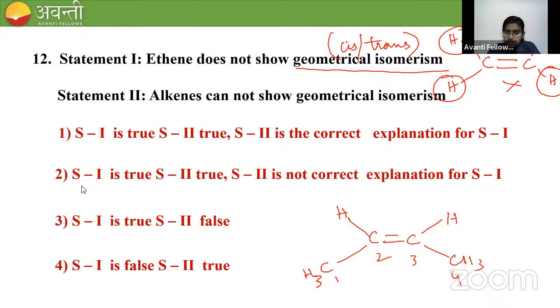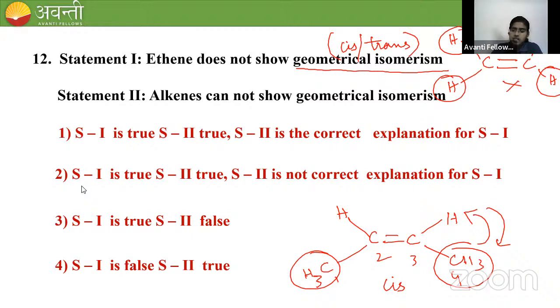Now the similar groups are present on the same side of this double bond, so it is called the cis isomer. If I change this position here and this position here, I will end up with the similar groups on the opposite side of the double bond. So that will be the trans. So this is one example which shows geometrical isomerism. Some alkenes show geometrical isomerism.